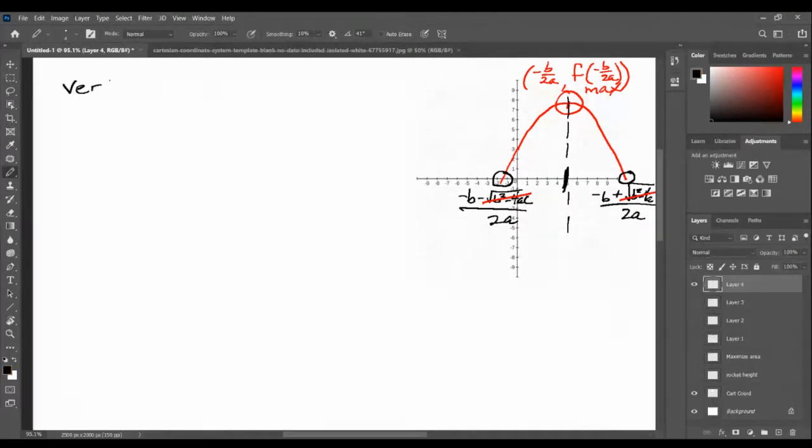If all you need is the vertex, all you need is the maximum or the minimum, this is a great way to do it. Because then you don't have to find the zeros. You don't have to find the transformations or anything. We just plug it right in and get our vertex. Let me show you what I mean.